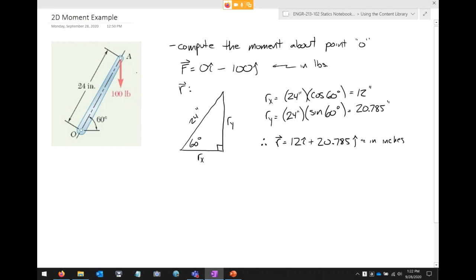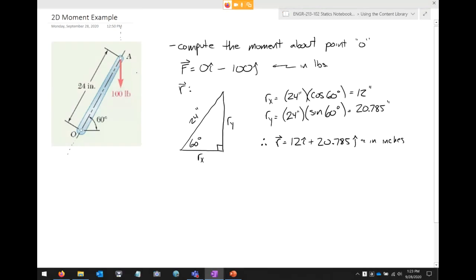And keep in mind, what I'm doing is I'm saying that this is the start, and this is the end, right? I mean, how do you define R? R starts at the point about which you're taking moments, and it ends at any point along the line of action. So keep in mind, I want to show you something.